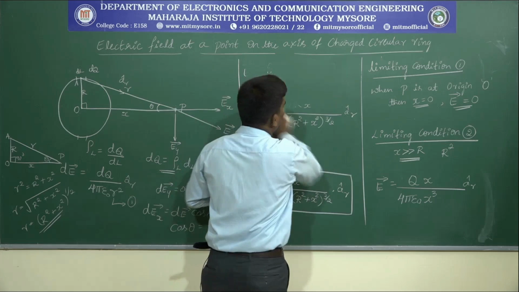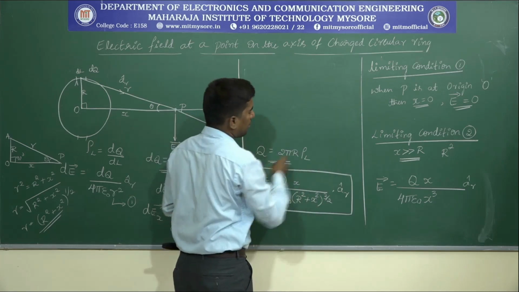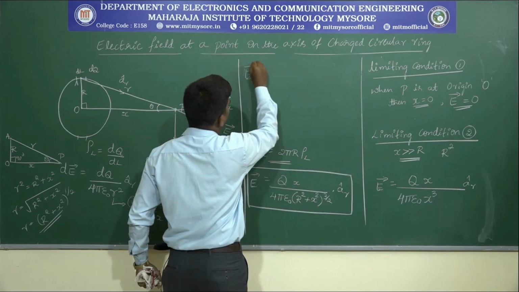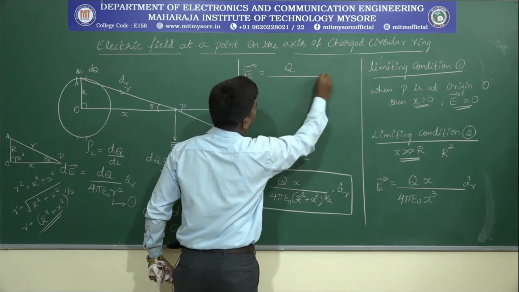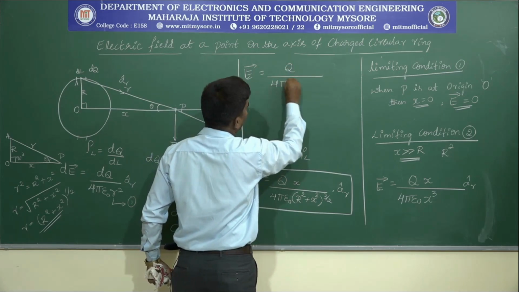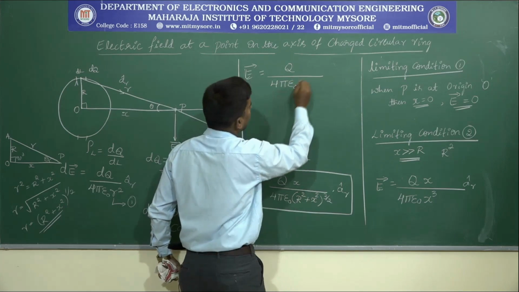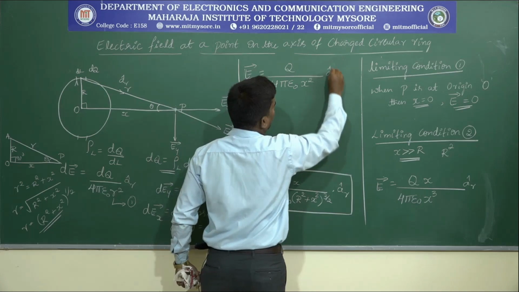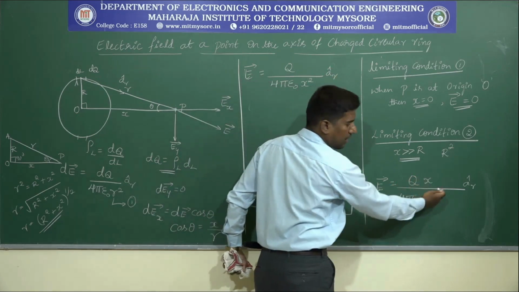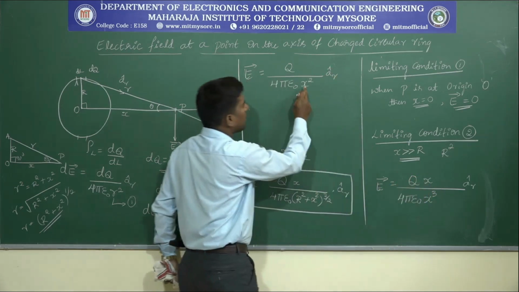So continuing with that, total electric field intensity E is equal to Q divided by 4 pi epsilon naught into x square into a cap r, because x and x cube, we are left with x square.